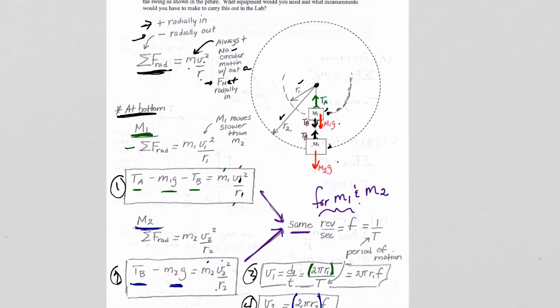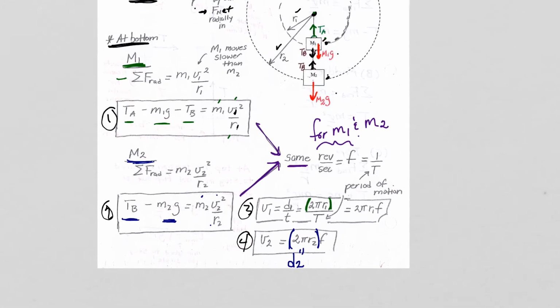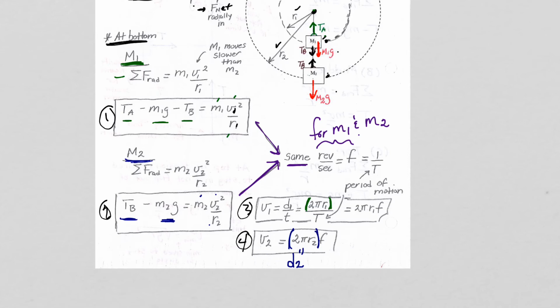So if we were spinning these two masses in the classroom and we wanted to think about what equipment we would use to actually do this experiment, well, we would need a meter stick or a ruler to measure R1 and R2.